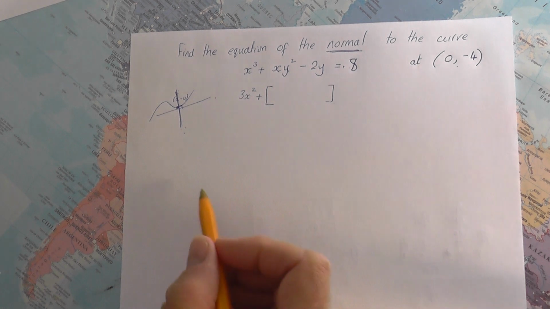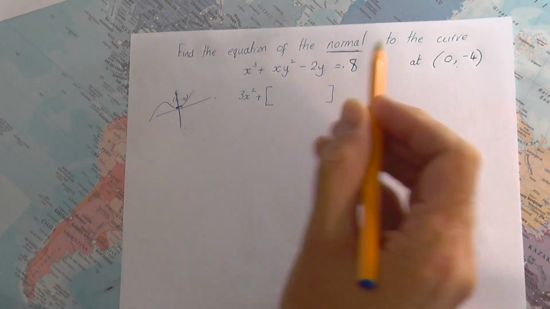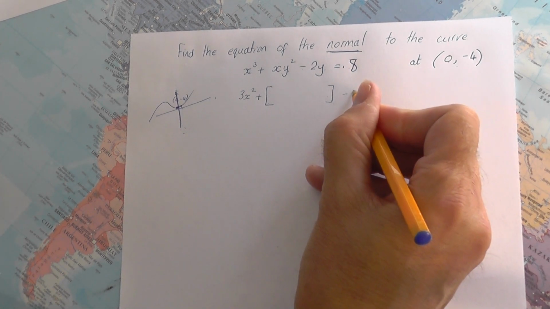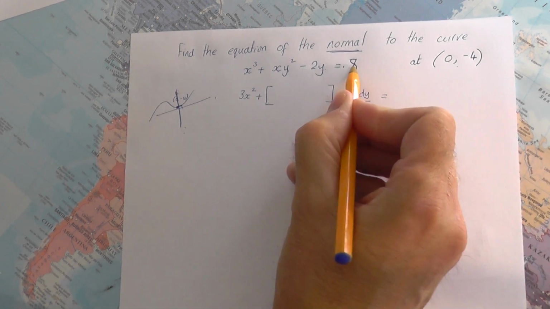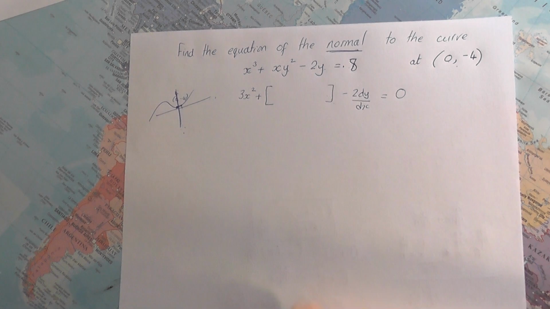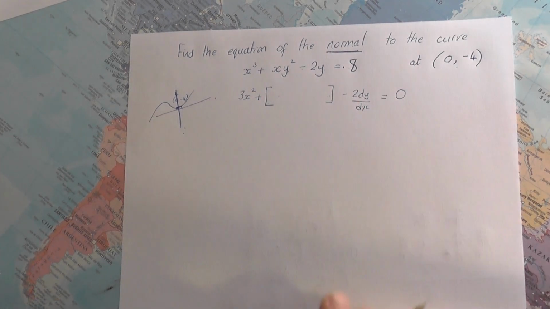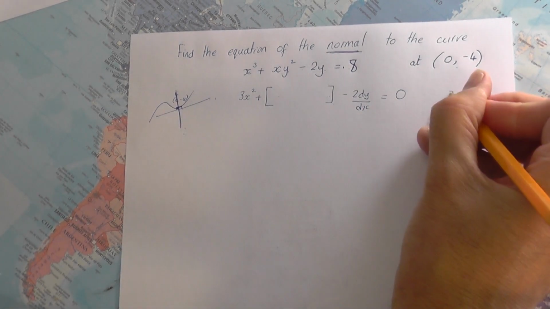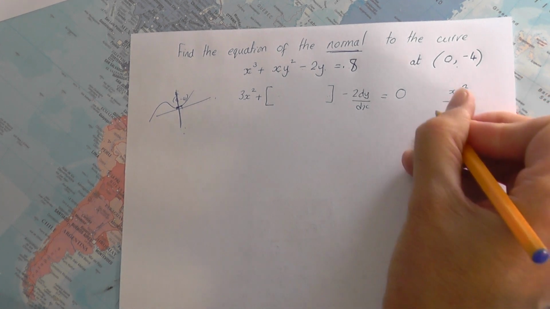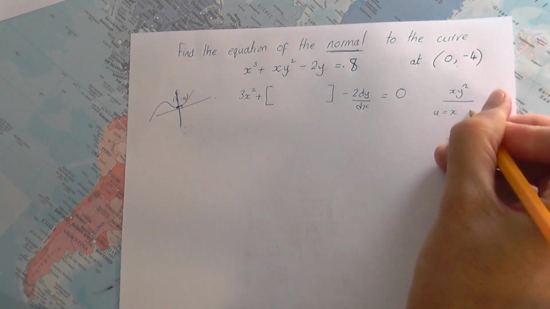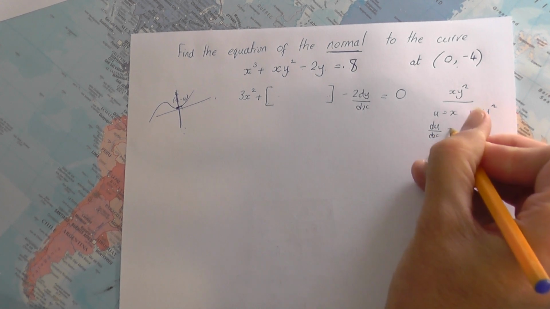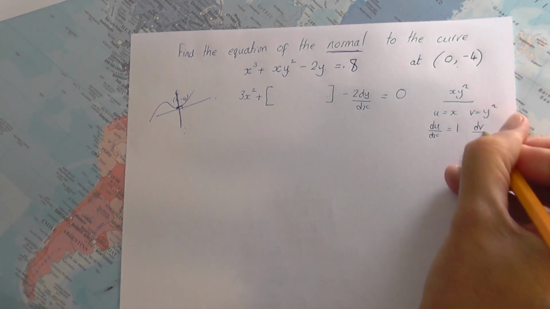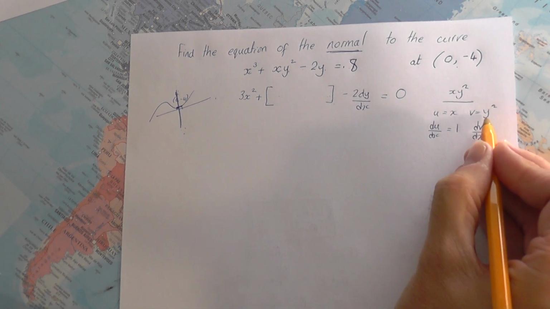We'll do the product rule in a minute. Minus 2y, differentiate that with respect to x, you get minus 2 dy by dx. Equals, differentiate 8 with respect to x, you get 0. I've got to do the product, which I'll put in the bracket. xy squared at the side of the page. So u is x and v is y squared. du by dx is equal to 1 and dv by dx, well, this is a function of a function.